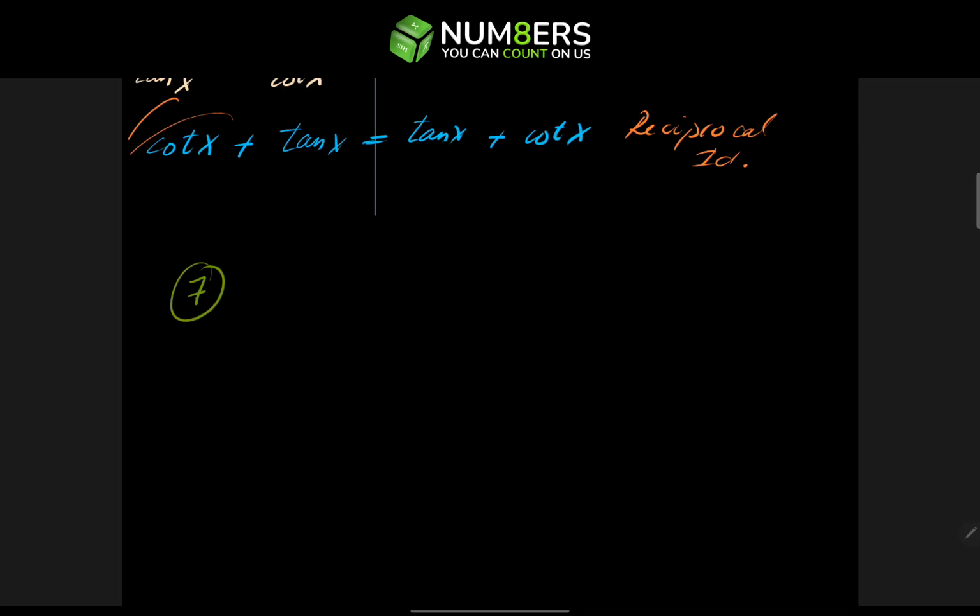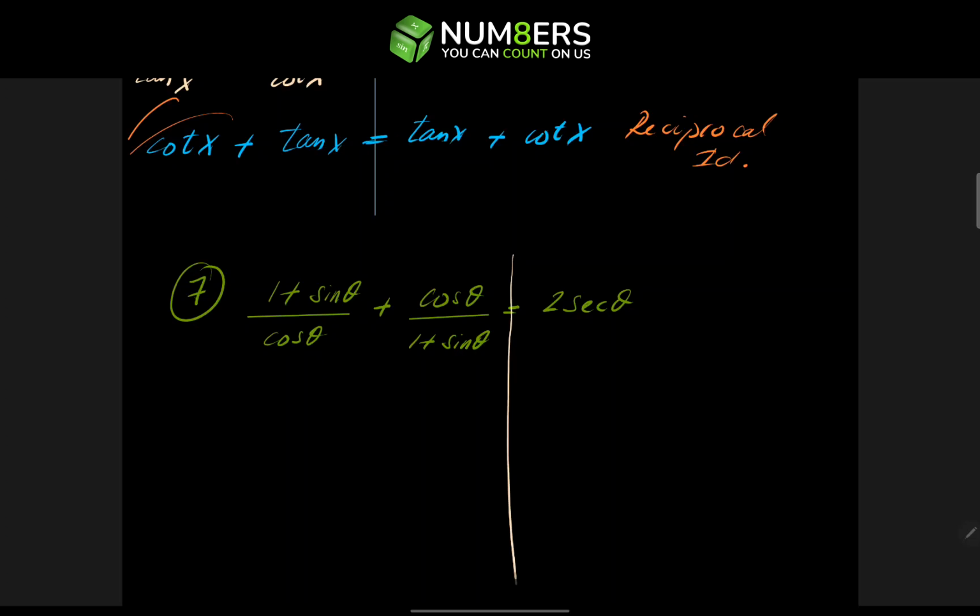All right, for number 7, we're going to do 1 plus sine theta over cosine theta plus cosine theta over 1 plus sine theta. And that should equal 2 secant theta. Let's draw a line right down the middle.